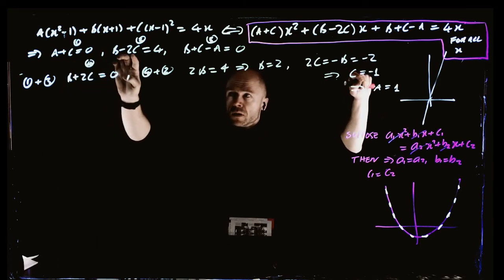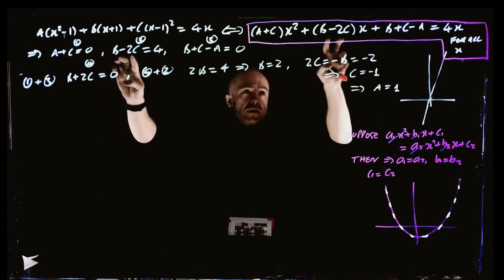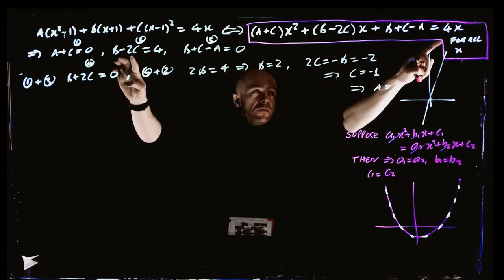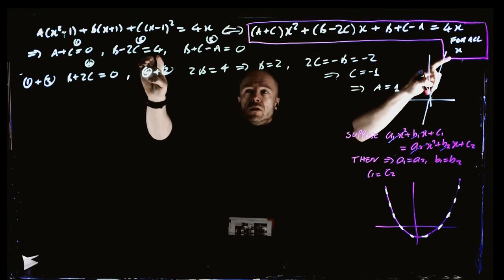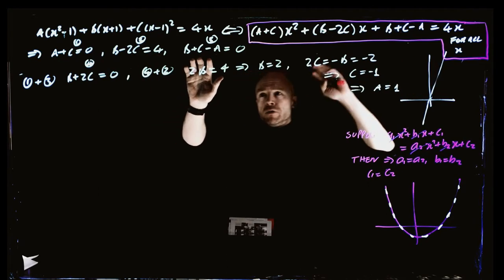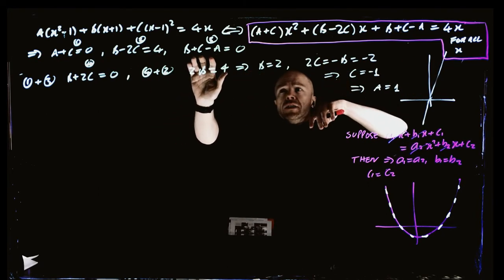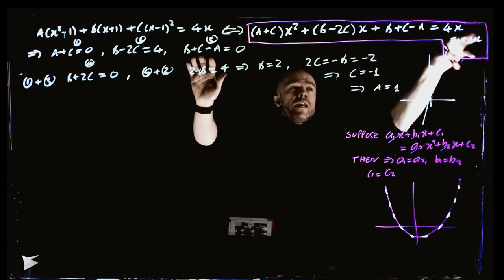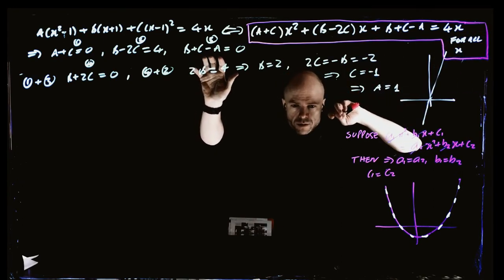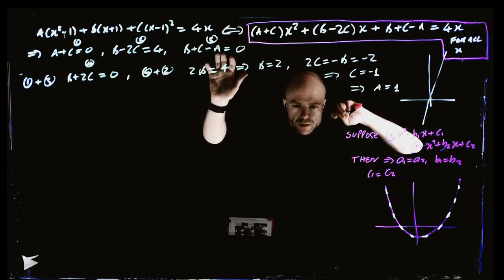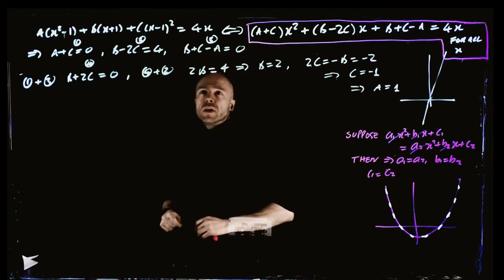And then same for this thing. This thing has to have the same coefficient as the x term on the right hand side. So b minus 2c is 4. And finally, this thing, I'm sure you've got it, I'll just complete it. This thing has to be the same on the right-hand side. We have no constant term on the right-hand side, so this thing has to be 0. Yeah, perfect. Thank you for your question.